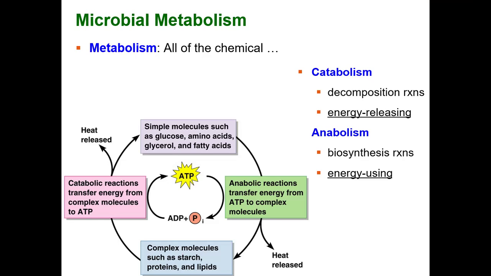Catabolism is the decomposition reactions where you start with a large molecule, like large complex molecules such as starch, and break it down into a simpler molecule or molecules such as glucose. In the process, the energy stored in starch will be released because the energy in glucose and all the different glucoses will be less than all the energy stored in starch.